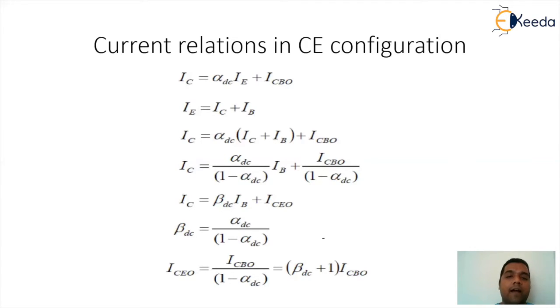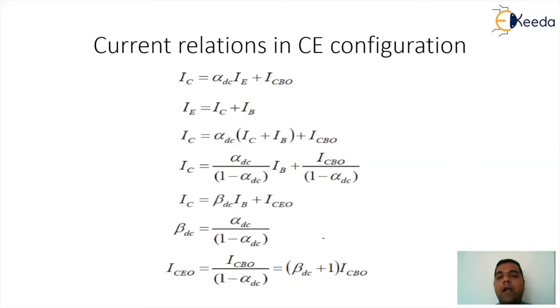The factor alpha upon 1 minus alpha is defined as a new parameter beta, the DC current gain of common emitter configuration, which is the relation between the output current IC and the input current IB.